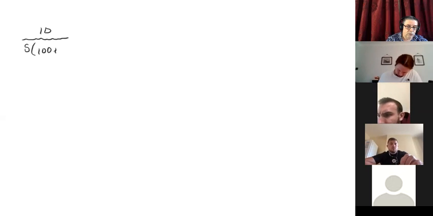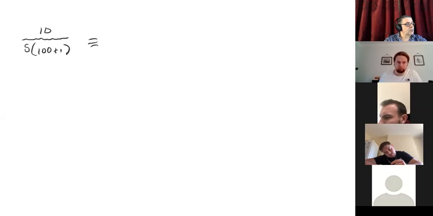10 over s(100s plus 1) is equivalent to, and the value for A was, I thought we got 1. No, A is 10. We got A equals 1? Let me go back to that then, Peter. Should be 10, shouldn't it? Because 10 equals A times (1 plus 0).